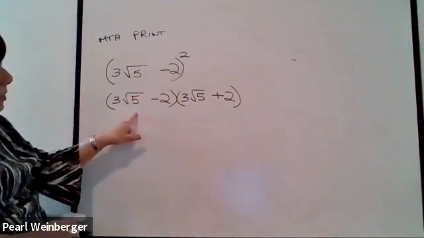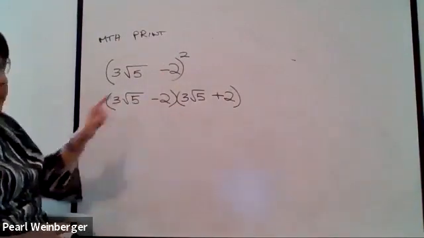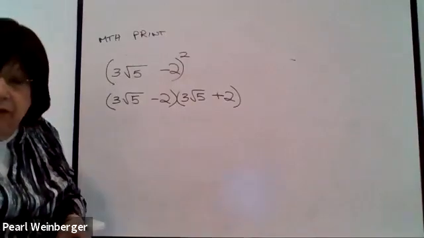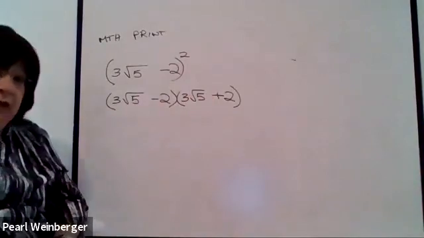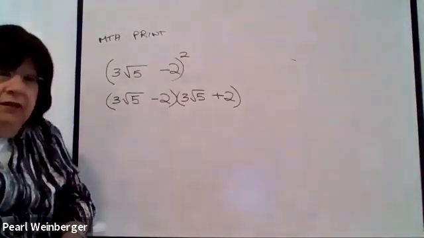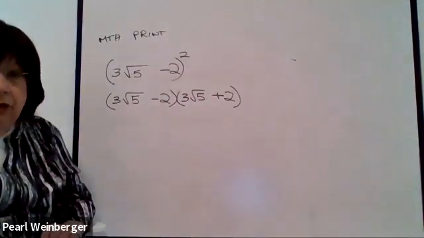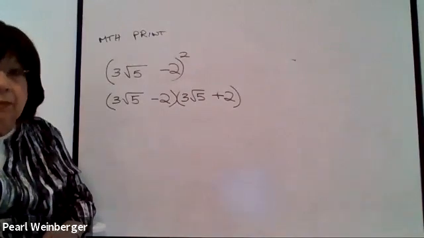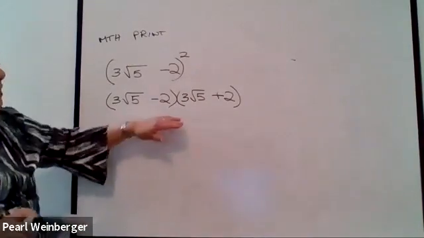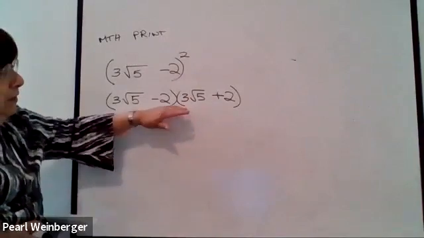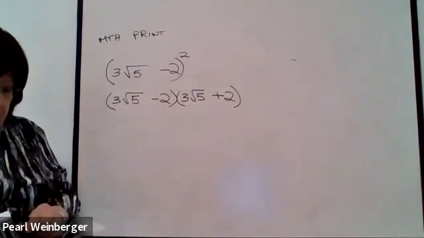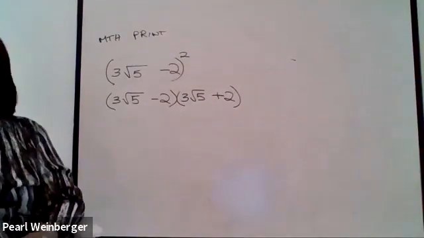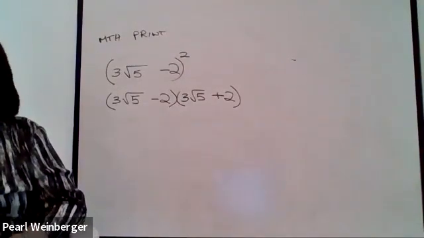But now they look almost identical, these two binomials, except one has a plus and one has a minus. If you remember, we gave a special name to this. We called these conjugate binomials. Let me see if you can multiply these conjugate binomials and see what kind of answer you come up with. I'm going to give you a couple minutes.